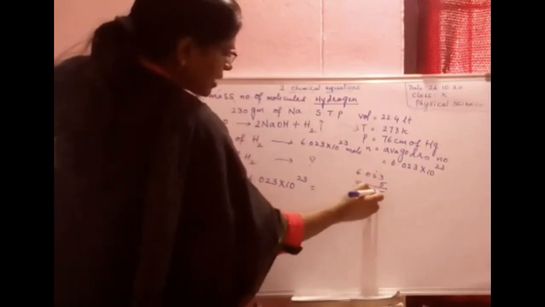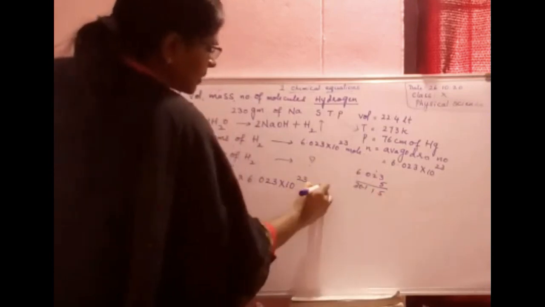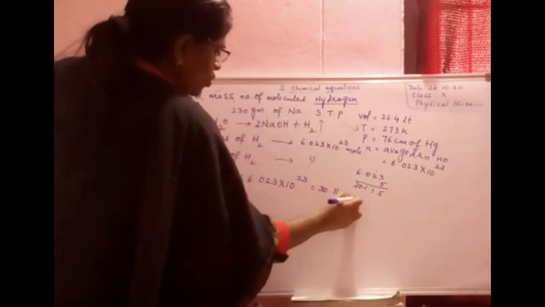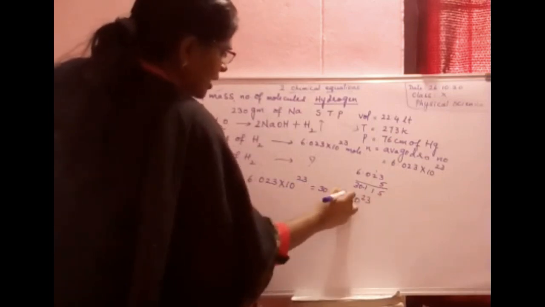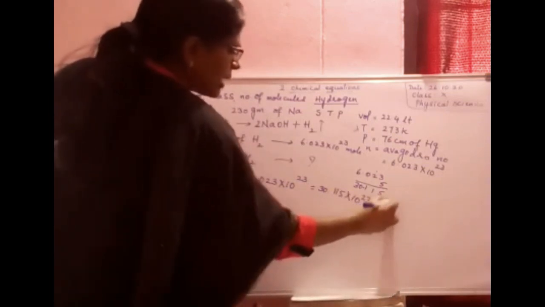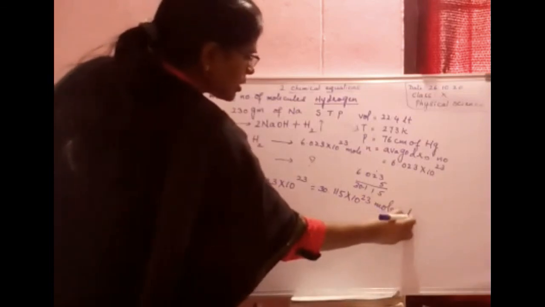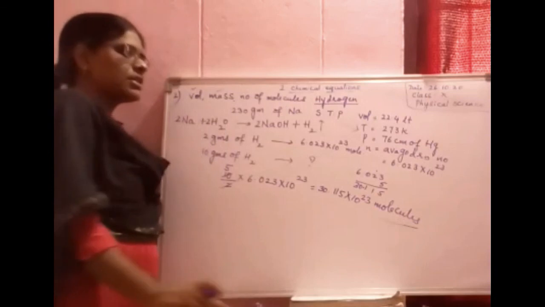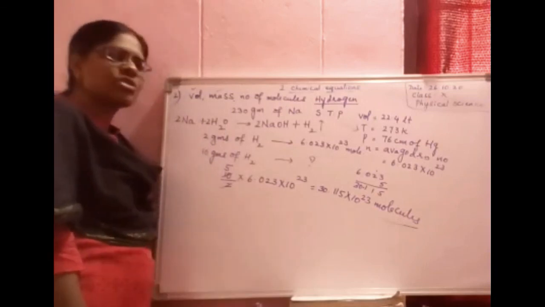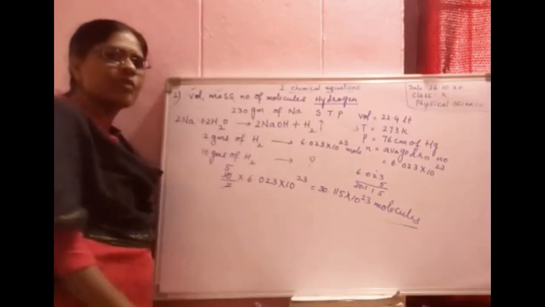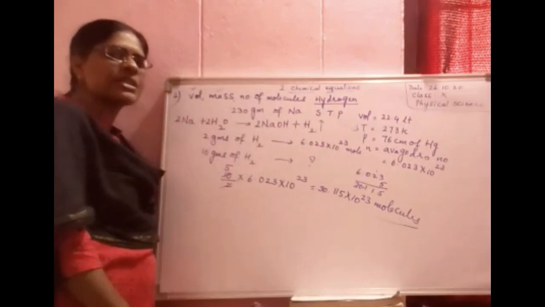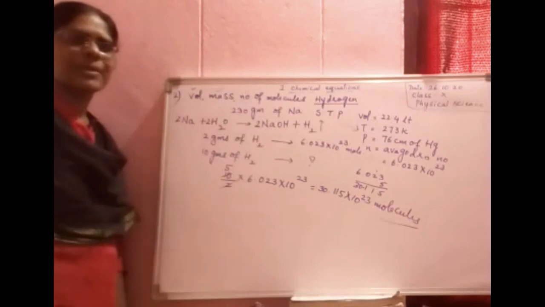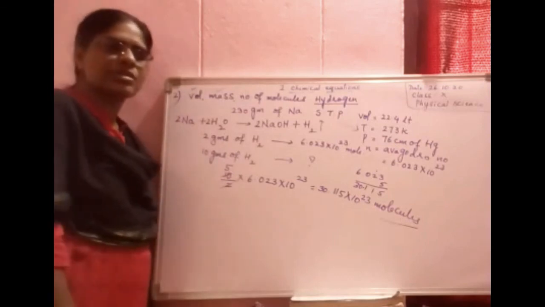How many digits? 3, after the decimal. So 30.115 into 10 power 23 molecules. This is the way to solve for the volume, mass, and number of molecules based on chemical equations.